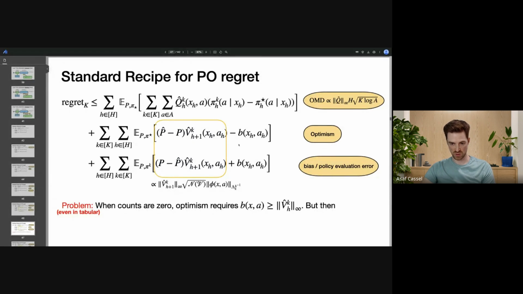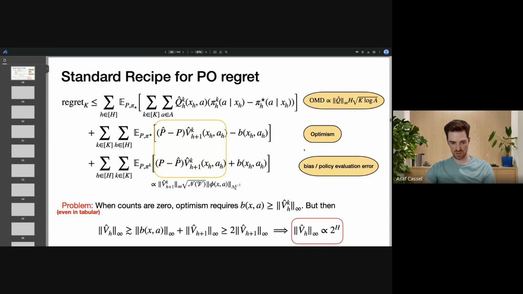So at the initial time, more or less, this elliptical potential will be a constant, and the covering number would be at least a constant. And so the bonus would have to cancel out at least the size of the value function, in order to ensure optimism. But in this case, the size of the value function, which is just the loss plus the bonus plus the next value, would be at least the bonus, roughly.